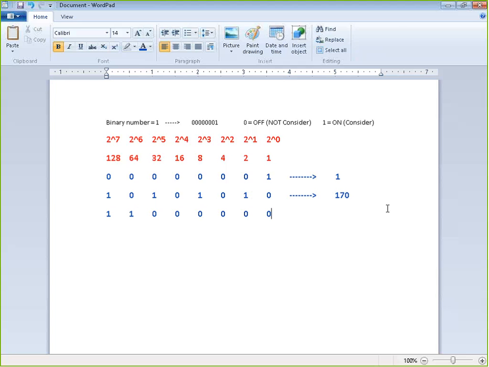Let's take this example. If I want to convert it into decimal, can you tell me what decimal value this binary number represents? Yes, absolutely right. It's 192.